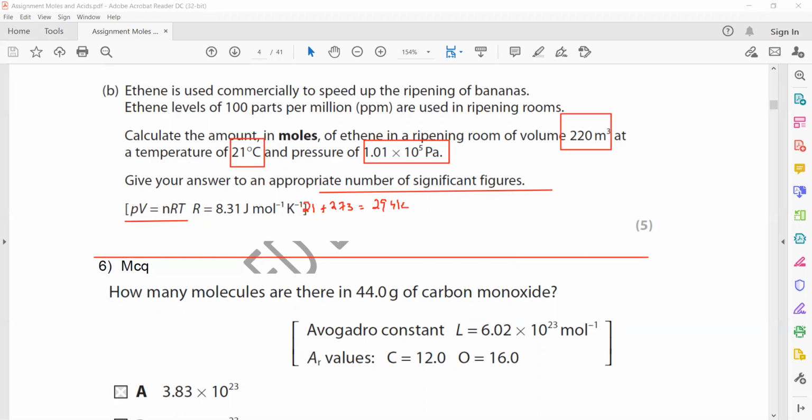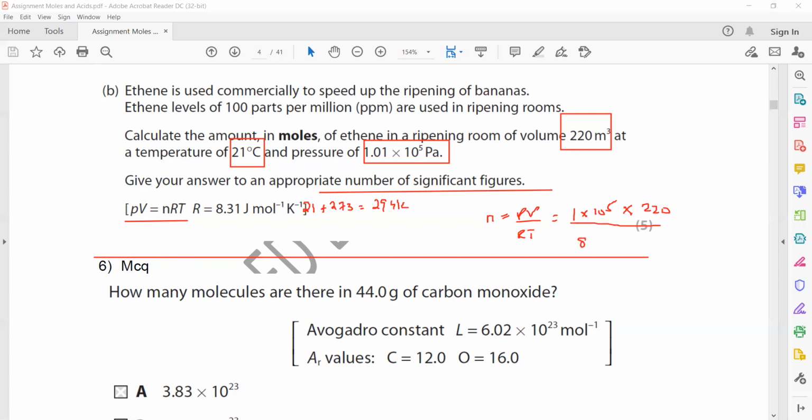We have the formula PV equals nRT, so n equals PV over RT. These are topic-wise questions related to moles that I'm solving. P is the pressure, which is 1.01 into 10 to the power 5 Pascal, multiplied by V, the volume, which is already in meter cube, 220.